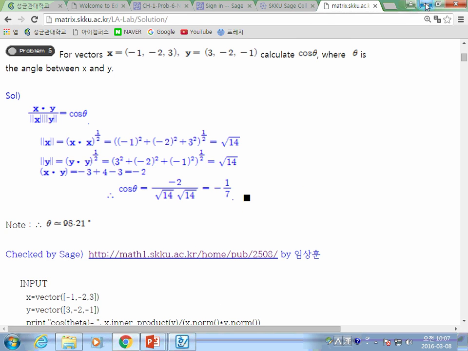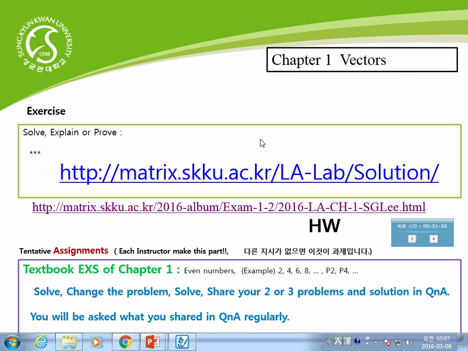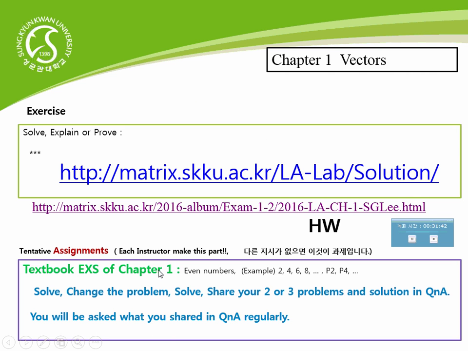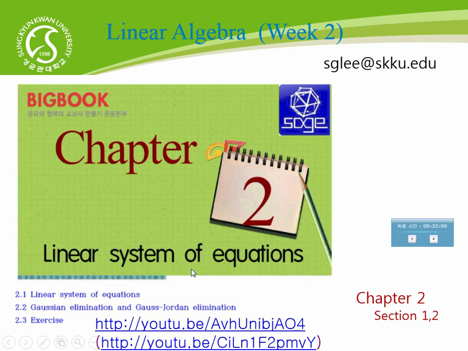Okay, I think that will cover chapter 1, and you are asked to solve some of the problems in the book, and change the problems to a little larger size or a more complicated problem of your own, then submit it in Q&A. That will be counted as your homework and will be graded to give you credit.